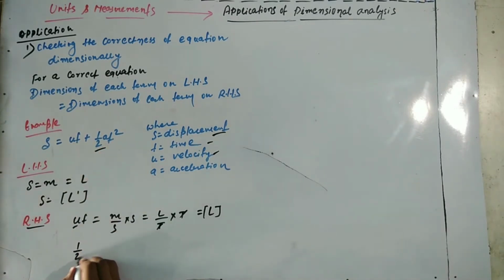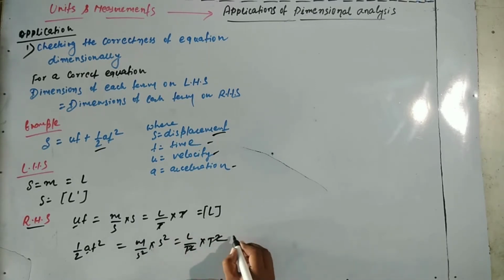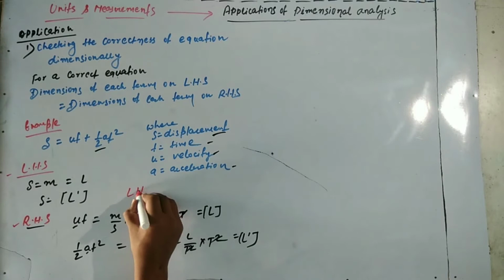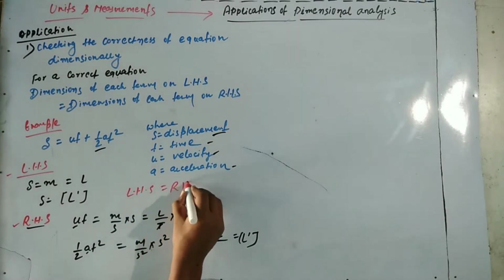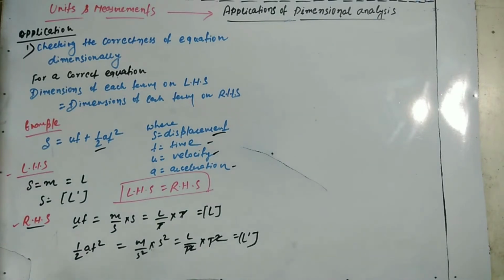Next, half at square: a is acceleration, so meter per second square into second square equals L by T power 2 into T power 2. When we cancel this, we get L power 1. So in RHS both terms are L power 1. Then LHS equals RHS. We found this by the dimensions.